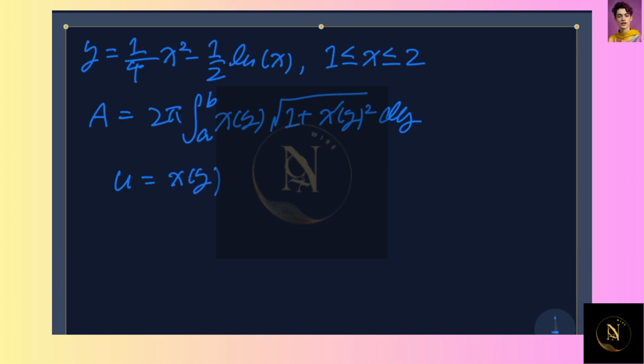That means du/dy is equal to x prime of y, and that means 1 over x prime of y du is equal to dy.